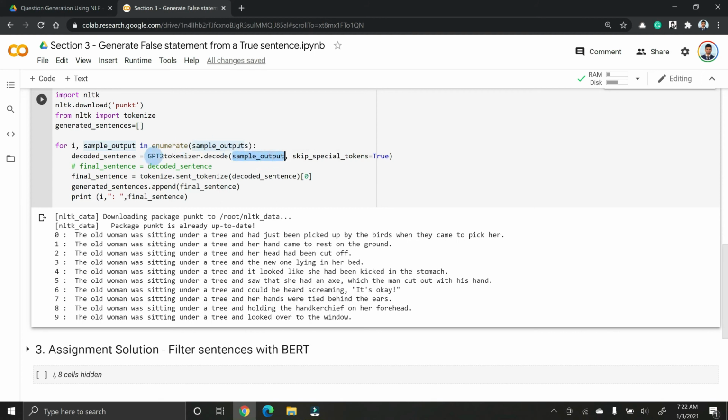We need to decode that into a regular sentence. That is what we are doing here in this line. In the next section, we will see how we can sort these 10 sentences in the order of similarity. I'll just give you a small assignment and give you hints at doing that, and later on we will see how we can do the same thing in code.